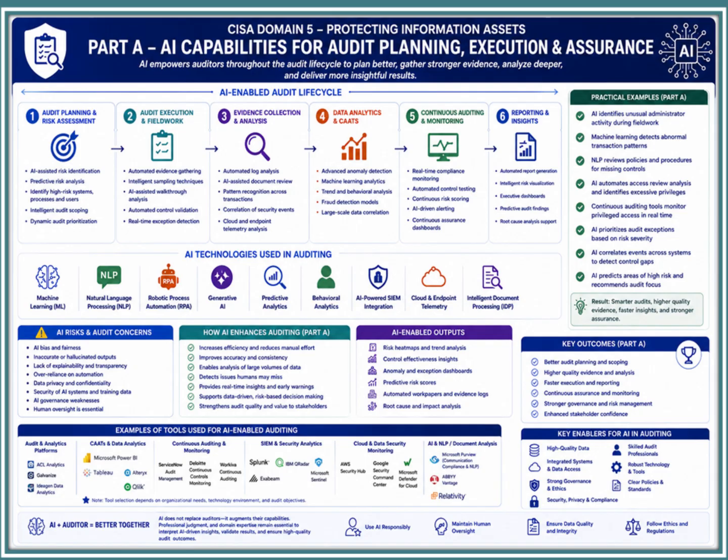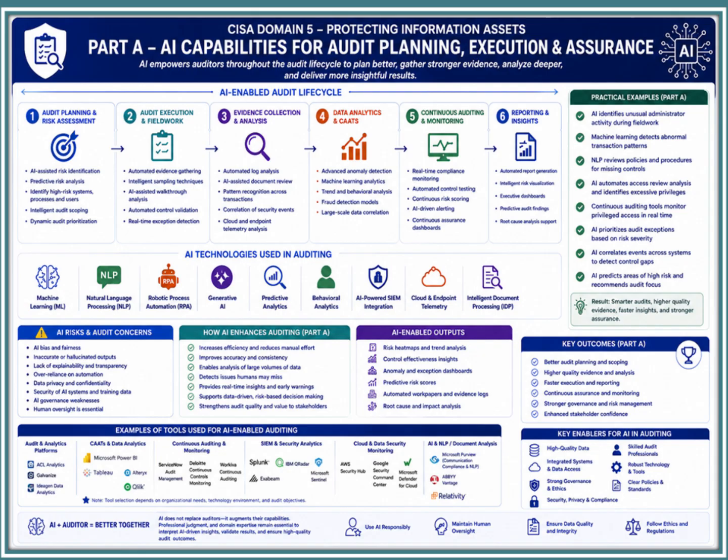Continuous auditing and monitoring is one of the most powerful capabilities shown in this diagram. AI-enabled systems can monitor controls in real time, continuously assess compliance, generate alerts, and support ongoing assurance instead of relying only on periodic audits. In reporting and insights, AI can generate dashboards, predictive risk scores, executive summaries, exception analysis, and visual trend reporting.